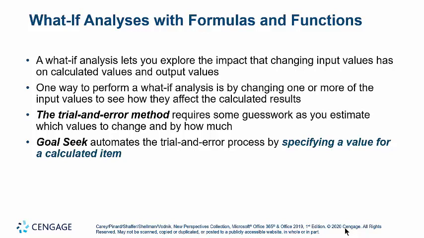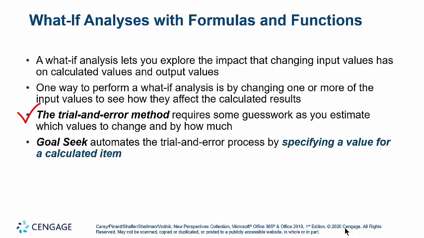What-if analysis with formulas and functions. A what-if analysis lets you explore the impact that changing input values has on calculated values and output values. One way to perform a what-if analysis is by changing one or more of the input values to see how they affect the calculated results.